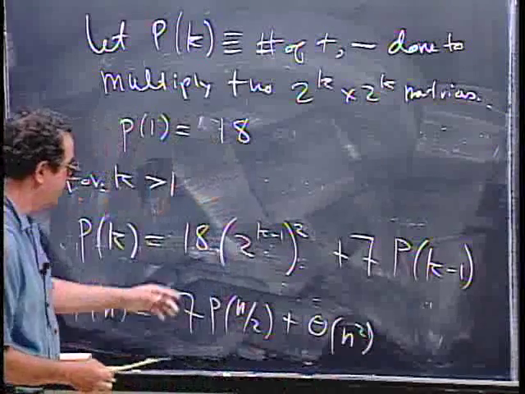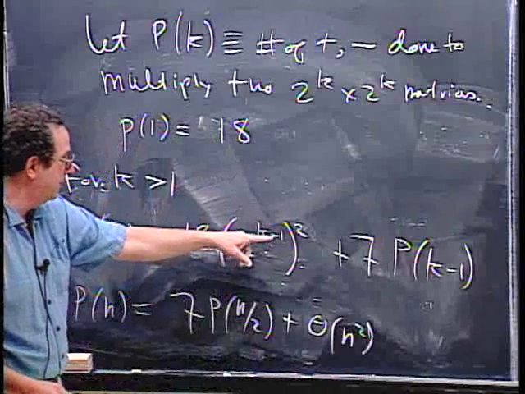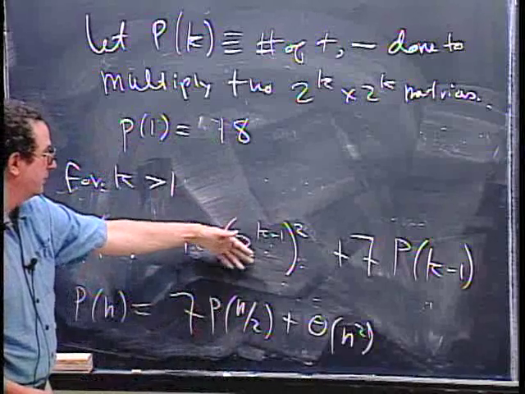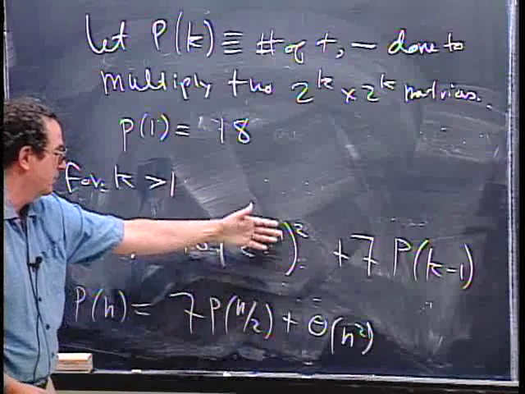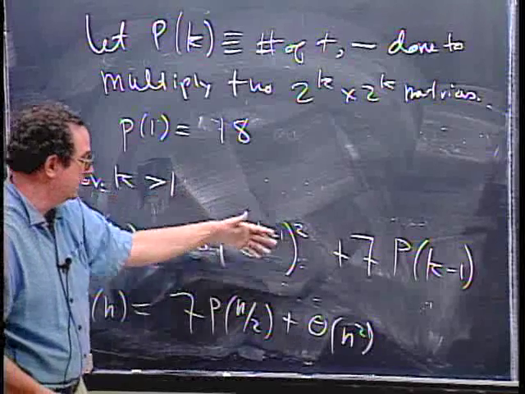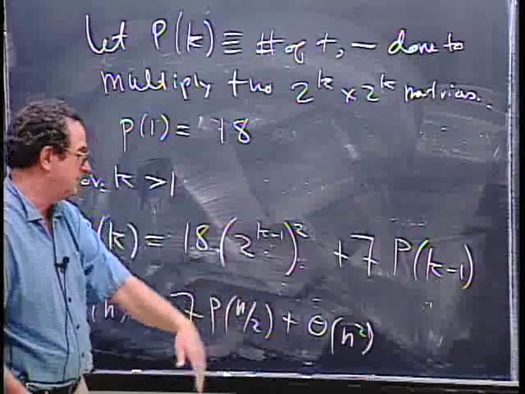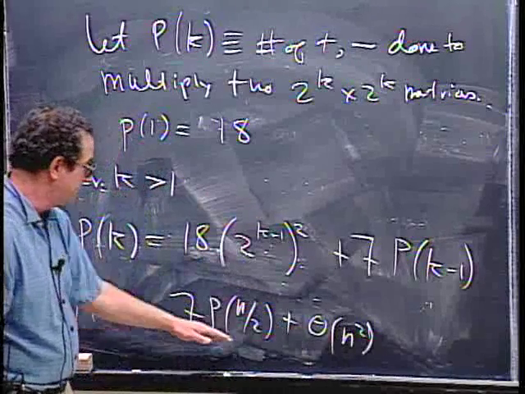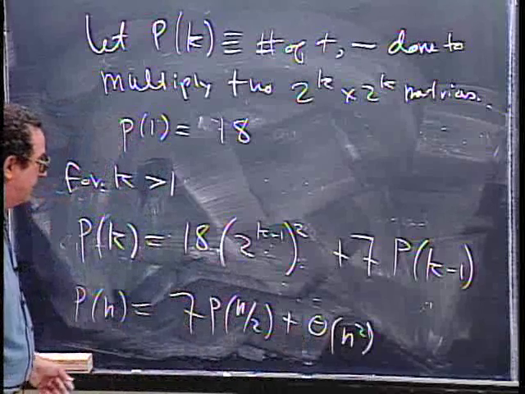Okay? So since 2 to the k minus 1 is n over 2, we have n over 2 squared is on the order of n squared times 18. So it's really 18 n squared over 4, it's on the order of n squared. So we have this recurrence, and we've just looked at that earlier.